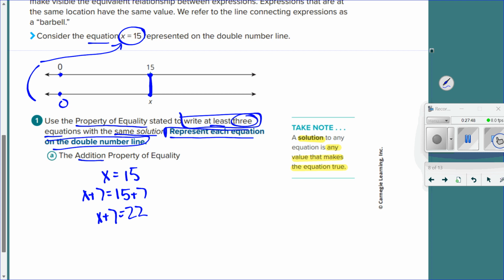I'm going to go to x plus 7, and above it is going to be 22. Remember how we did on the review at the beginning and we said we added 5 to both sides? That's what you're doing here. Make sense? Yeah. So give me another number between 1 and 10.